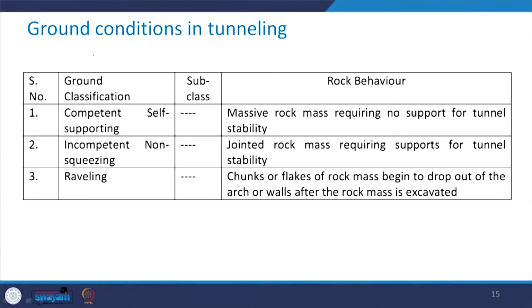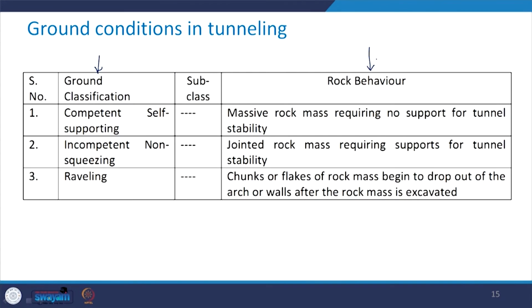Here the second column gives you the idea about the ground classification, and the last column talks about the rock behavior. So when we say that the ground is competent self-supporting, what does that mean?